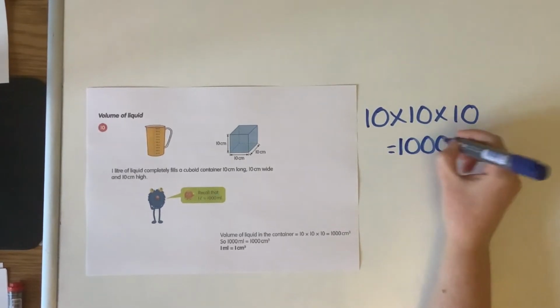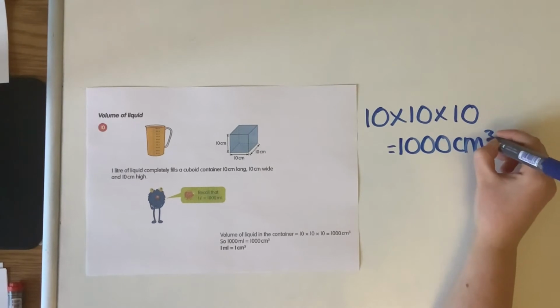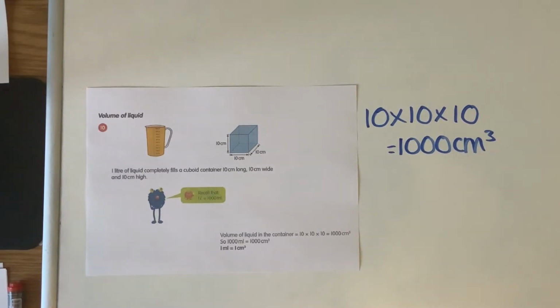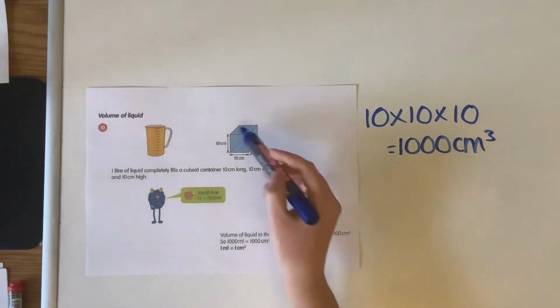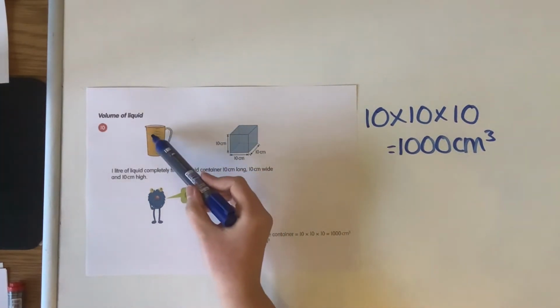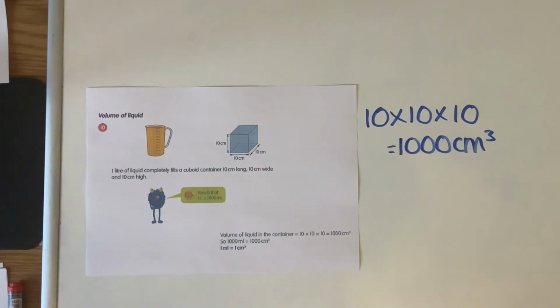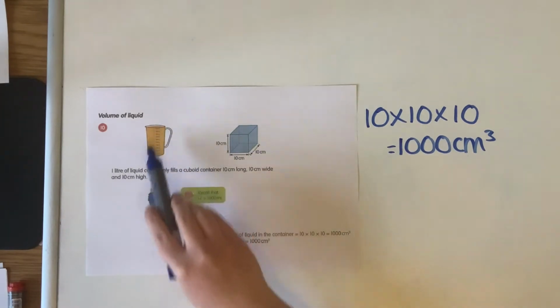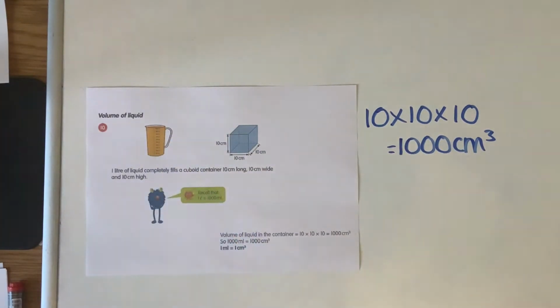So the volume of water in the container is 1,000 cubic centimetres. If I was then to take those 1,000 cubic centimetres of water and pour it into a jug, where I can then measure how much water there is, it would equal 1,000 millilitres.